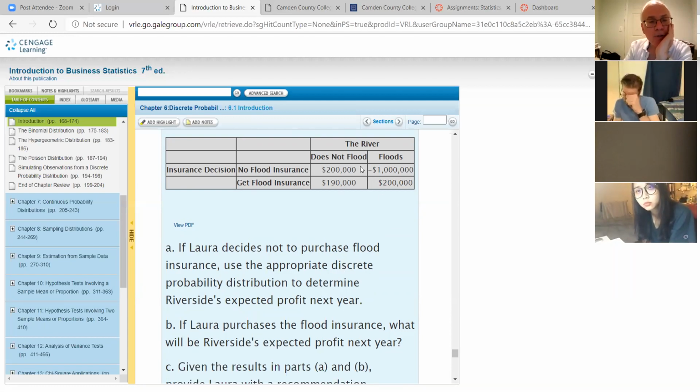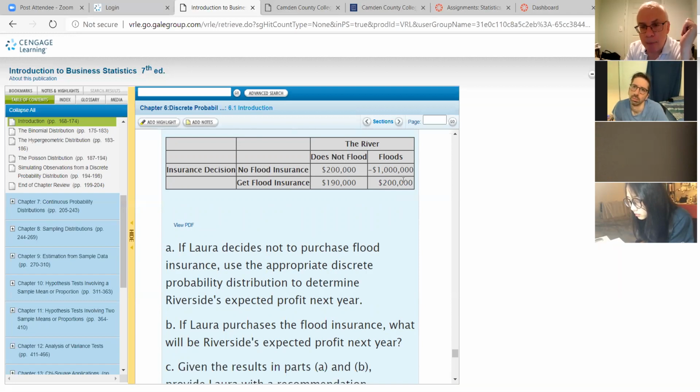If the river doesn't flood, the profit is 200,000, but what's the probability of that happening? 0.99. So the probability of it not flooding, and you don't have insurance, gives a profit of 200,000. If it does flood, you have a loss of $1 million, so you could say a profit of negative $1 million.